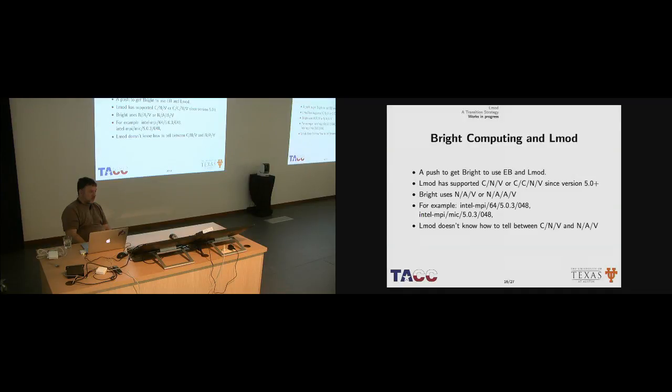Yeah, so if we actually give the NAAV as input to Lmod to interpret everything in this manner, is it because we cannot really have consistency? Not that many sites use name/architecture/version. There are lots of sites that use category/name/version.